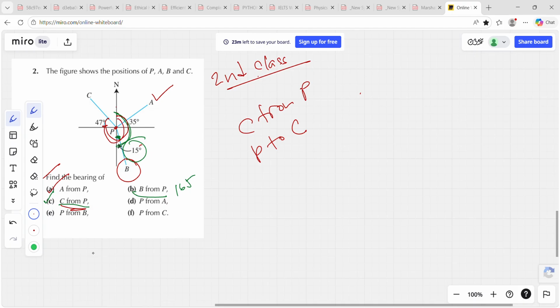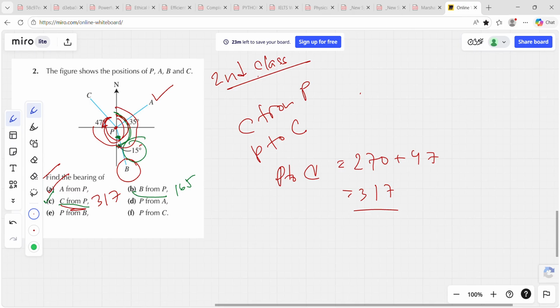If I highlight, this is 90, this is 180, and this is 270. Then you have to add 45. So P to C is 270 plus 45, which gives you 315. That is the angle.